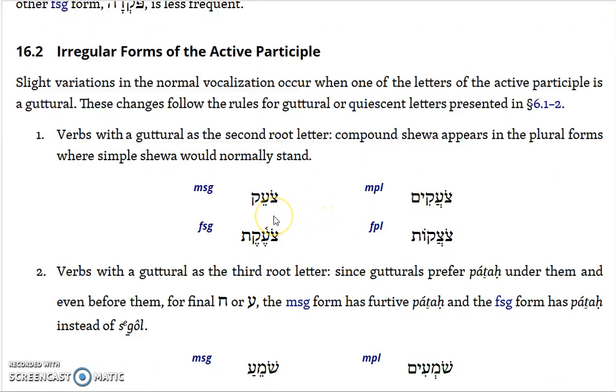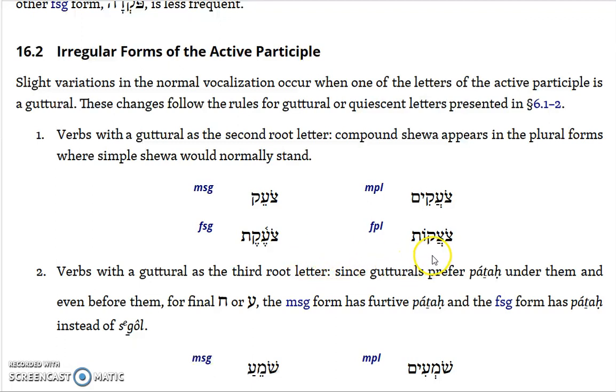And so so'eq is a masculine singular, one who cries out. So so'aqet is she who cries out. So so'aqim are those who cry out, masculine plural. And so so'aqot would be those ladies who cry out.